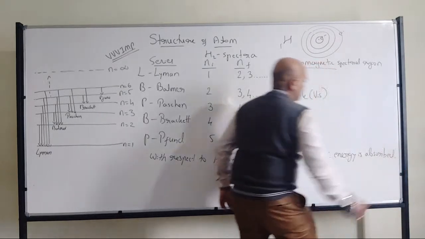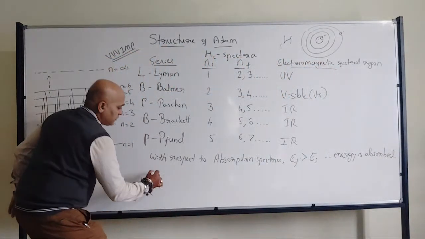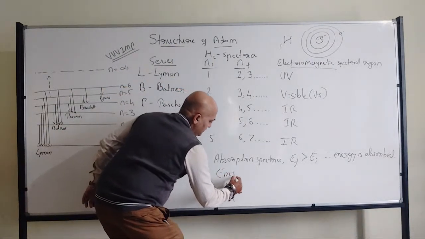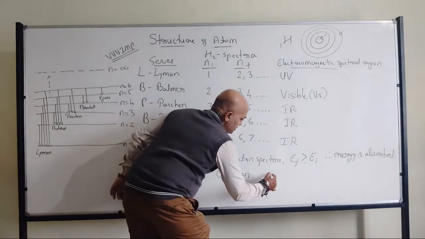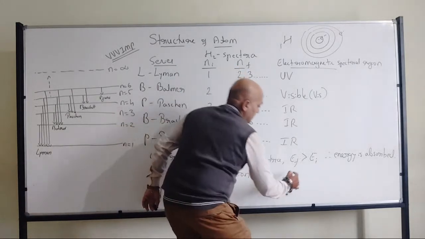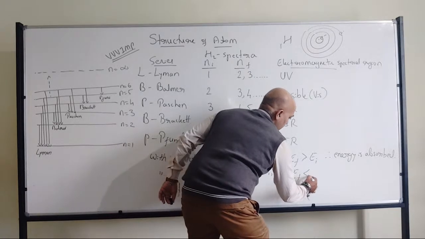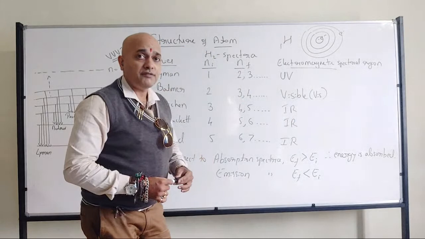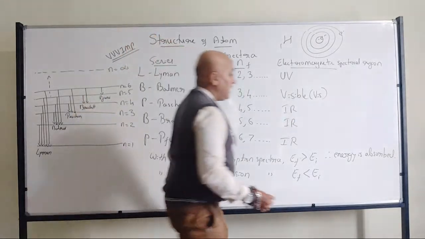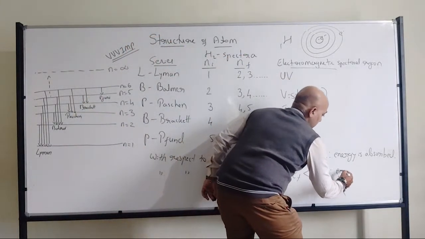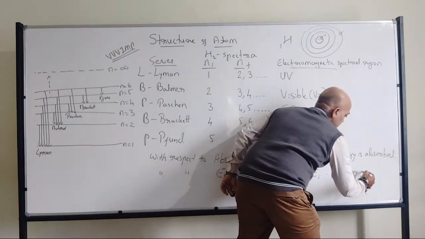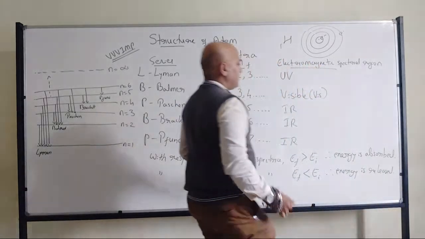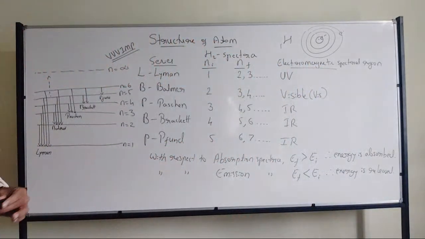And another sentence is with respect to emission spectra. EF will be smaller than that of the EI. Therefore, energy will be released. That's how we have completely written hydrogen spectra.